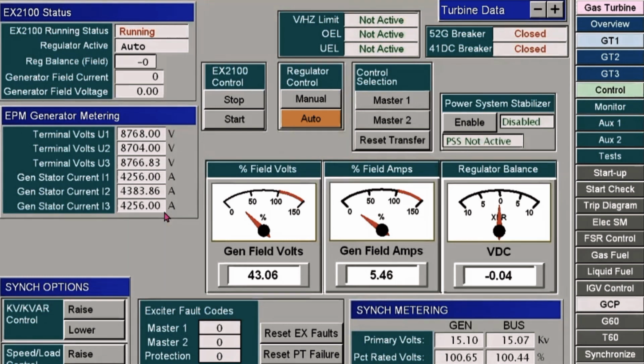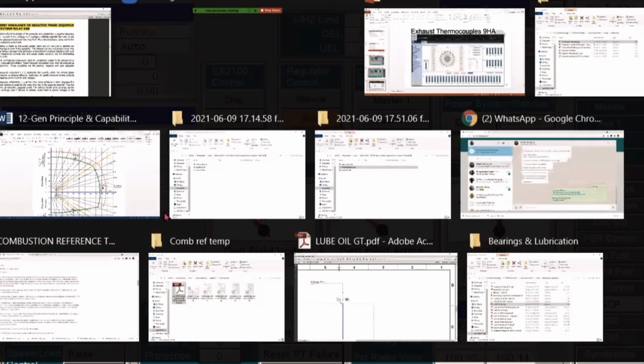That current will be flowing from our power plant, so immediately our generator should be isolated from the system. In this case, only the generator breaker will open and the gas turbine may be running at full speed no load. It can trip due to any other reason, but due to this reason the fuel will not be cut off and the gas turbine will not trip. Only the generator breaker will open.